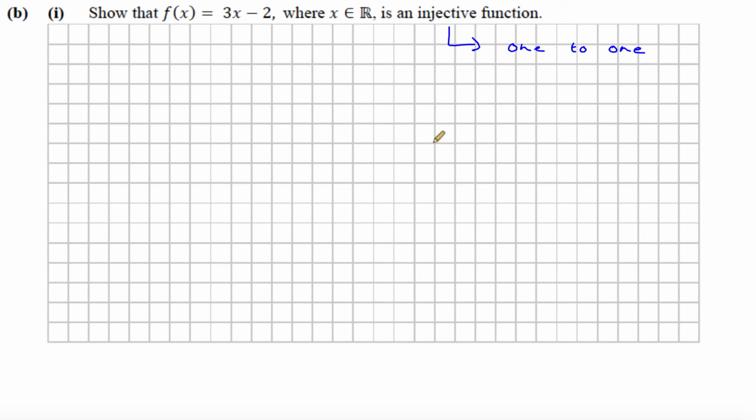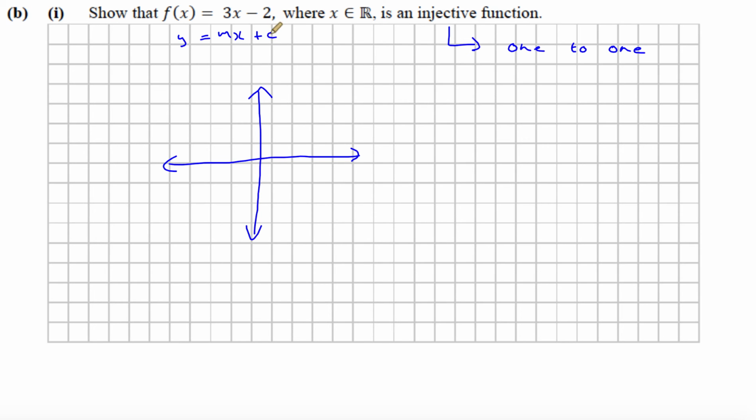Okay, there's a few ways you can do this, but the easiest way is if you can draw a sketch of this function. So f of x equals 3x minus 2, we should know that it's linear and it's already in the form y equals mx plus c.